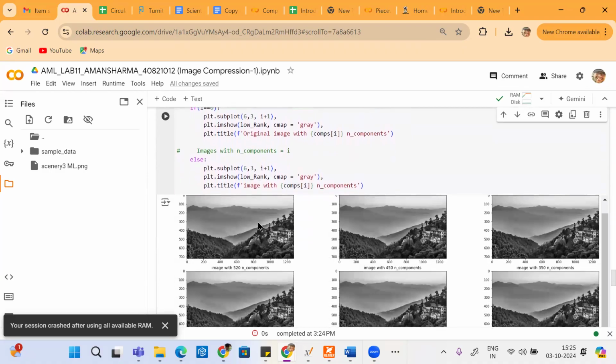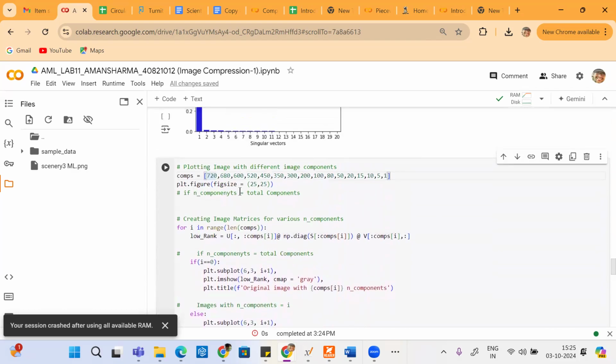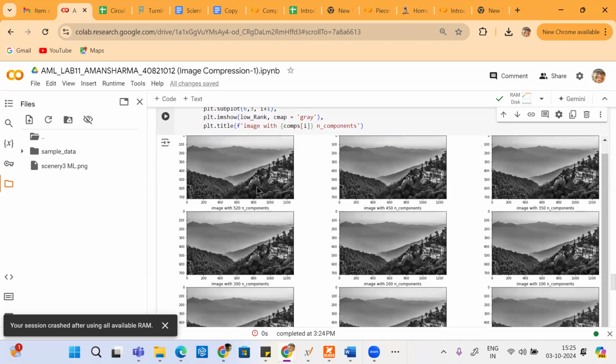First we have the original image, and then I reduced the components to 680, 600, 520, 450, 350, 300, 200, 100, and down to 1. Initially you see it's a clear image.